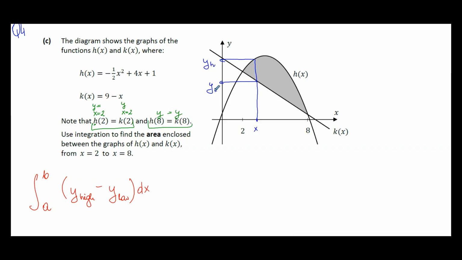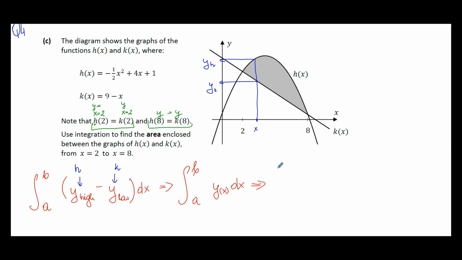So we can see that k at every point has the lower value of y, while h for every point of x has the higher value of y. So here I'm going to have function k, and here function h. Once we do that, we have our function created that we're going to integrate.